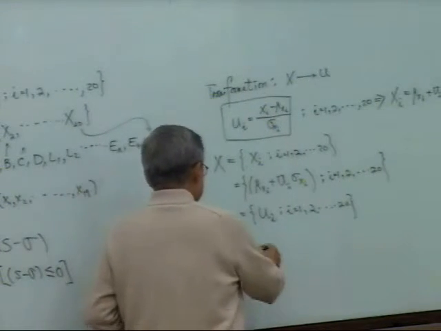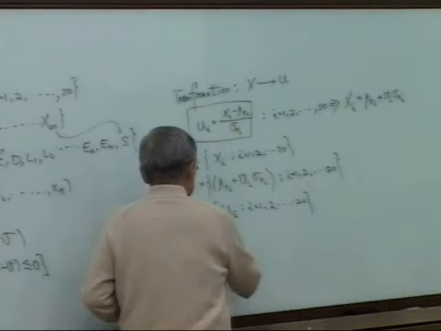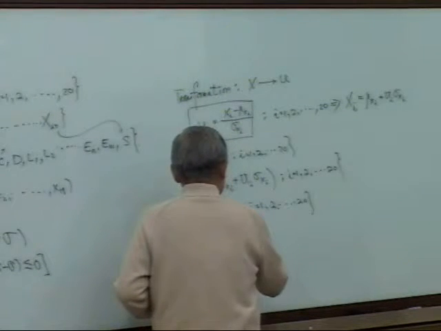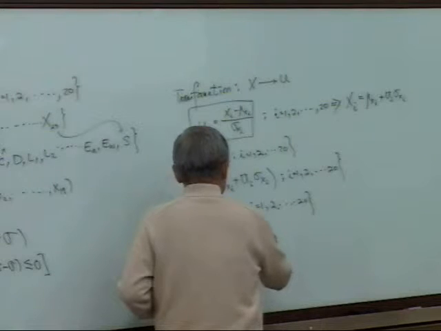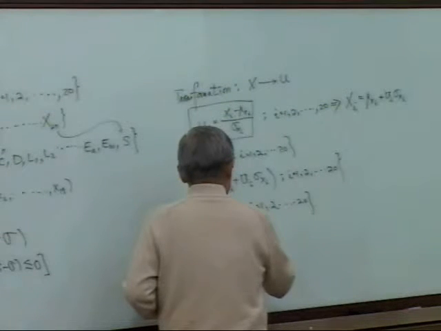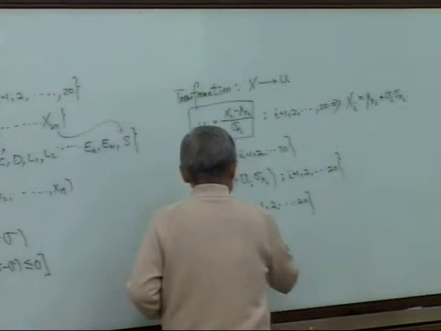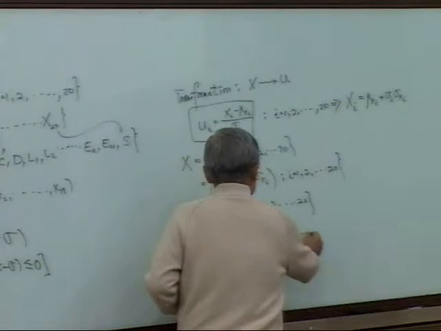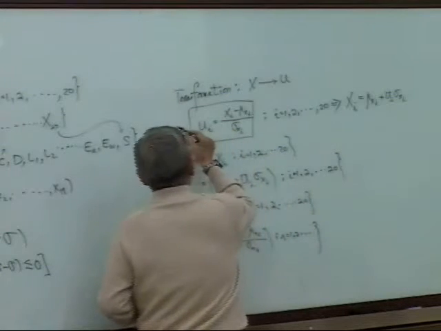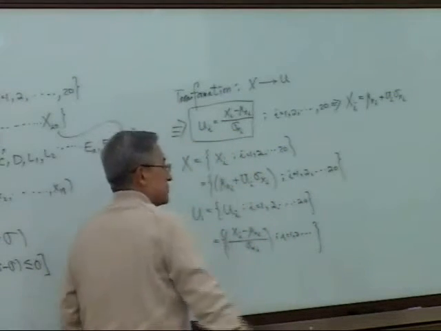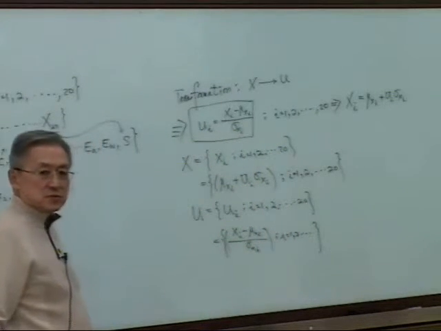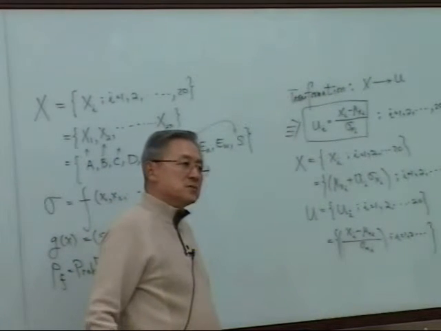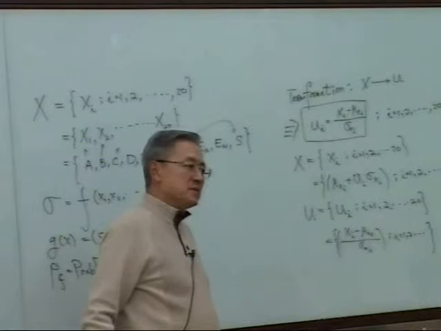I can write this as u_i equals (x_i minus mu x_i) over sigma x_i. This is all the same thing. This is a transformation from x space to u space. The reason is we want to work in the u space to make life easier.